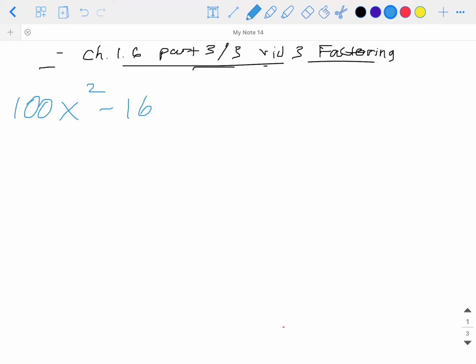I can rewrite 100x squared as 10x to the second power. 16 can be written as 4 to the second power. This is the framework to give us the difference of perfect squares, so therefore I can rewrite this as 10x minus 4 and 10x plus 4.